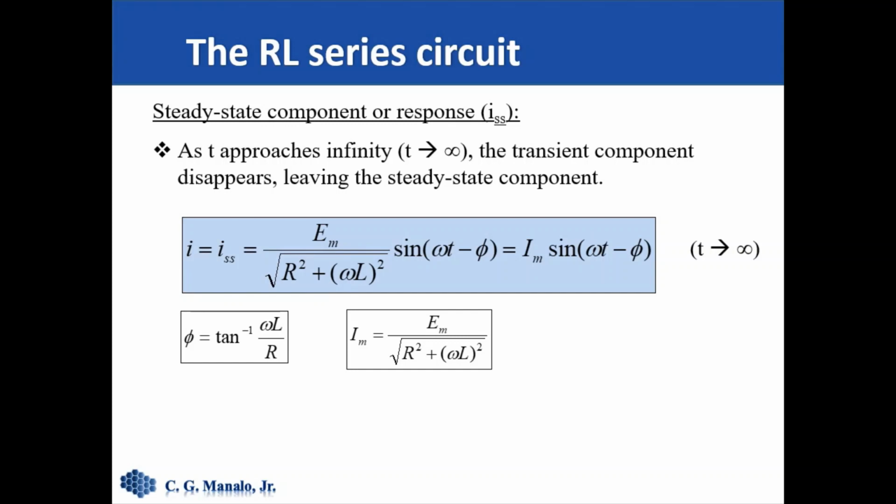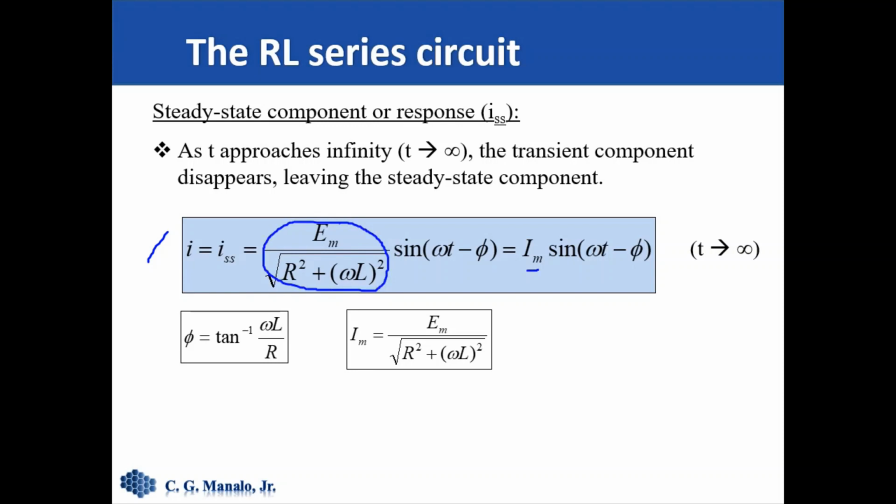In fact, if we let t equals infinity, that will completely obliterate the exponential term there, and that would leave us something like this, where we have further simplified this term here as I sub m.